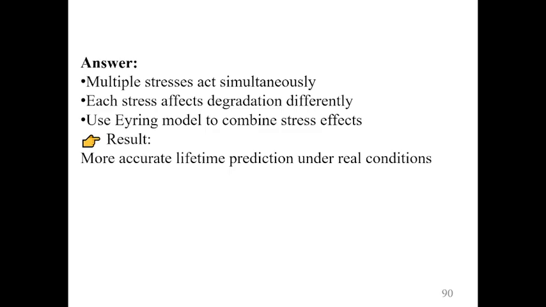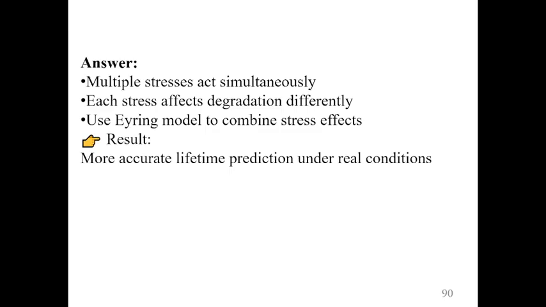As I told you, this example highlights the importance of the Eyring model when multiple stress factors are involved. In real-world systems, failures are rarely caused by a single factor. For example, in a PCB, temperature accelerates chemical aging, humidity leads to corrosion, and voltage introduces electrical stress. All of these factors interact with each other, making the failure mechanisms more complex.